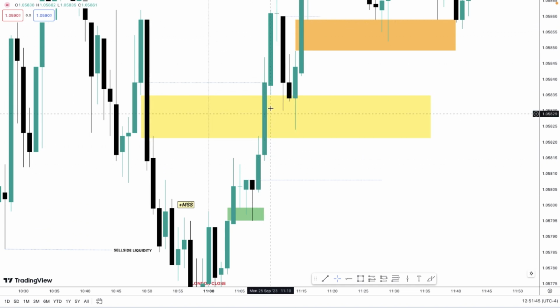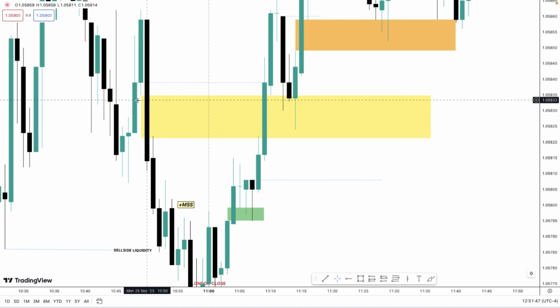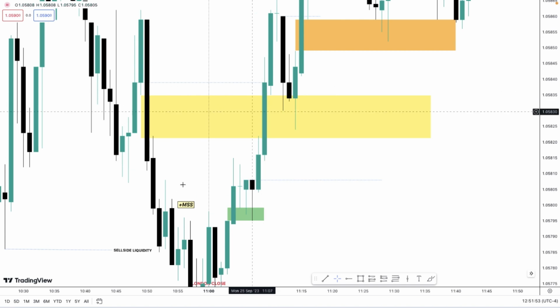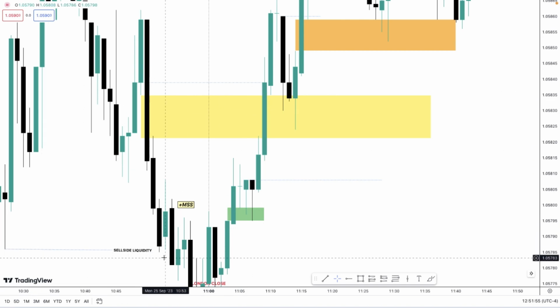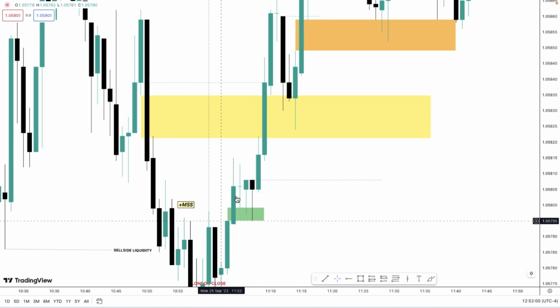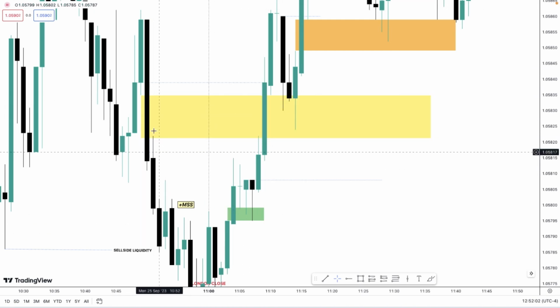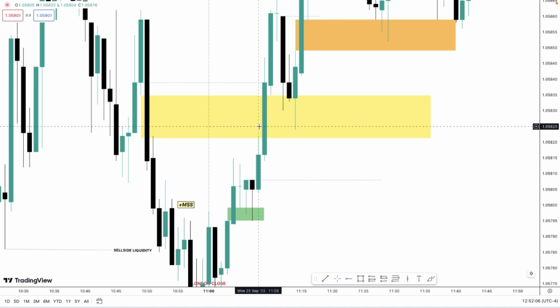Price is higher, fair value gap. So this fair value gap, that's an inversion fair value gap, because now the price is going for, it already took out sell side liquidity, market structure shift. So now we're going buy side. Price is in a buy program. So this premium fair value gap becomes an inversion fair value gap.